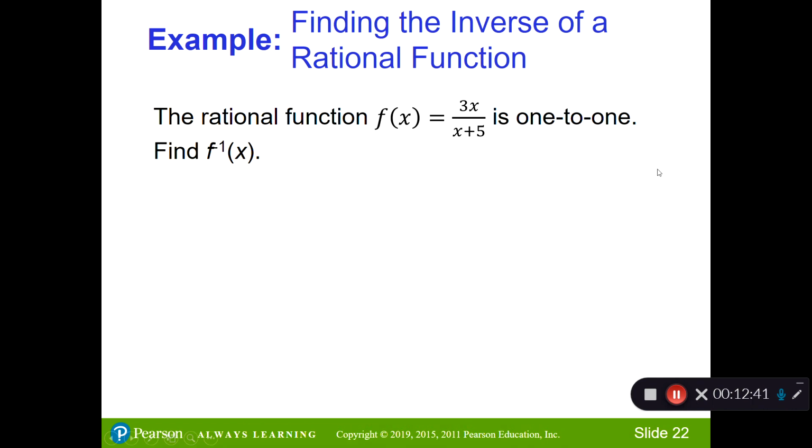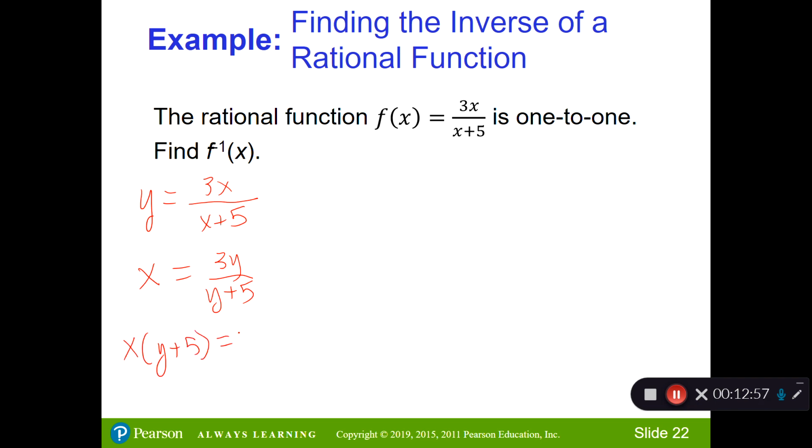Let's find its inverse. So y equals 3x over x plus 5. Flip the x's and y's. X equals 3y over y plus 5. Multiply the y plus 5 to the other side. And distribute the x. And now get all my y's on one side.